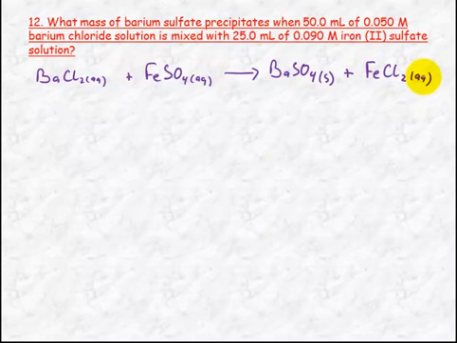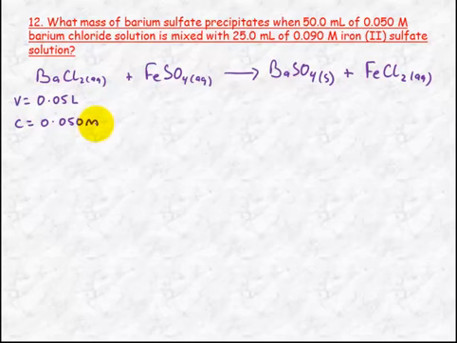So let's write the information that we know. Barium chloride: it's telling you 50 ml of 0.05 molar. So V equals, it has to be in litres, 0.05 litres, and concentration equals 0.050 mole. What else do we know?